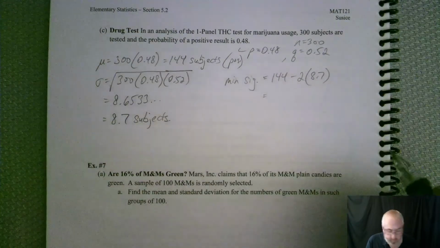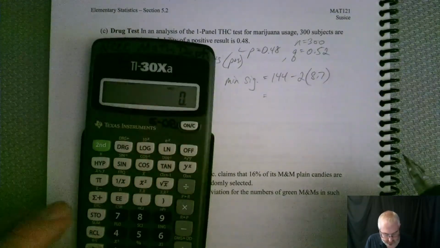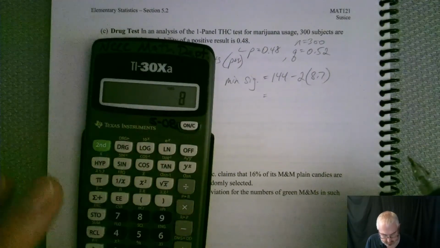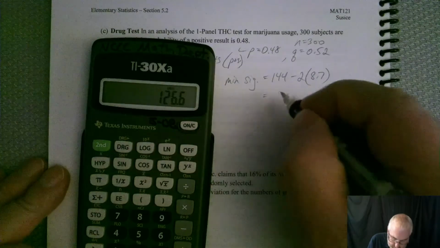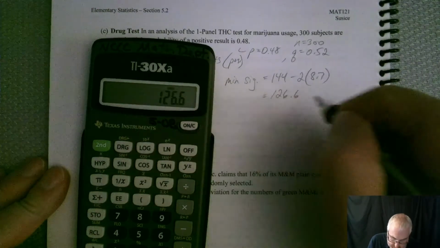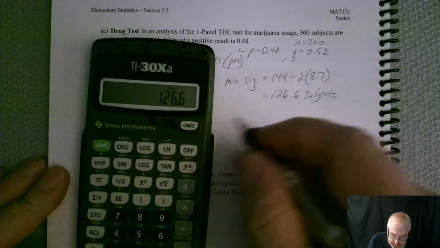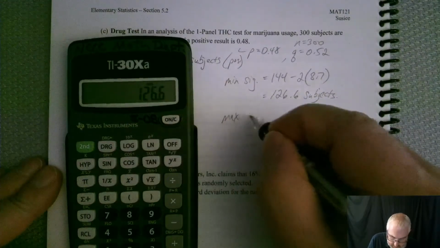I better do it on the calculator just to be safe. I hate it when I can't think. 2 times 8.7 equals, there it is, 126.6 subjects. And then our max.